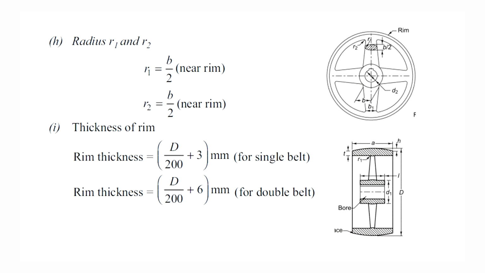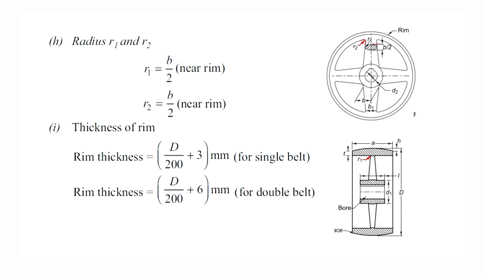Now, radius R1 and R2. R1 is the fillet radius at this location, and R2 is the fillet radius at this location. These two are given as B divided by 2, where B is the major axis.